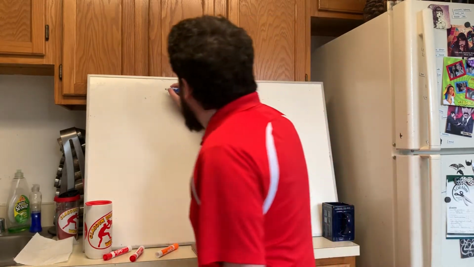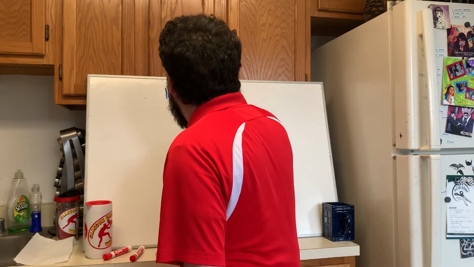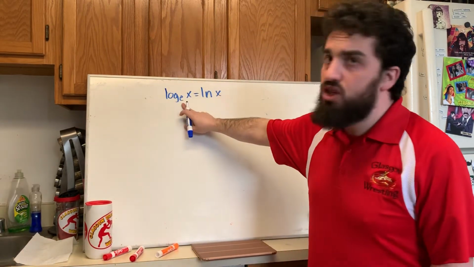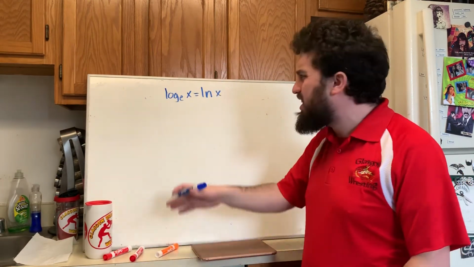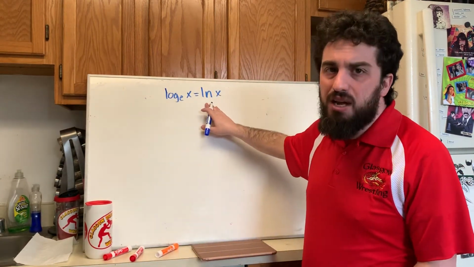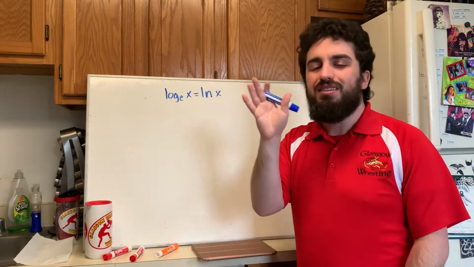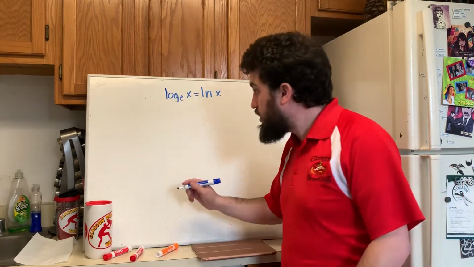Log base e of x is the same as the natural log of x. So instead of writing log base e the entire time, we are just going to write the natural log. Natural log is always abbreviated ln.